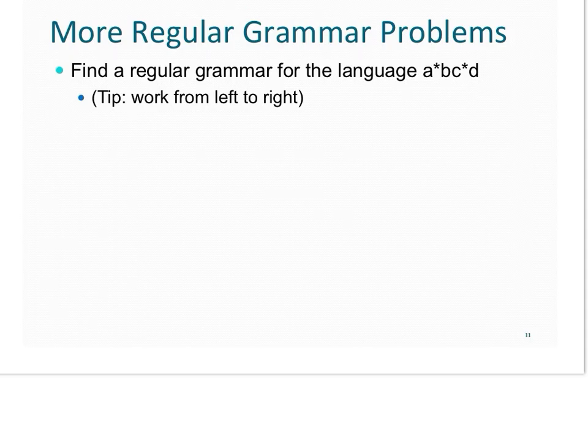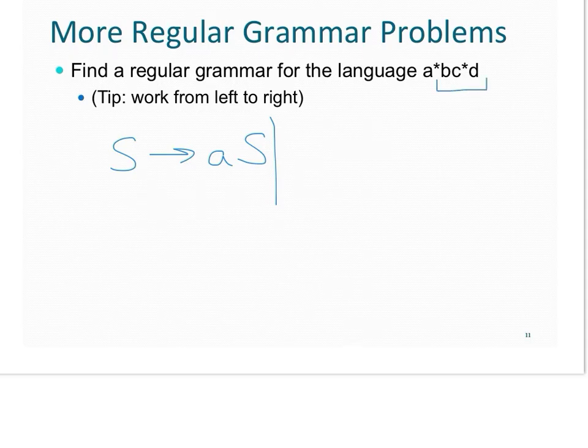So let's see, I'm going to start with S for a change, or to get back to normal, and I'm going to say S can be little a S, or it can go to the rest of this stuff, right?